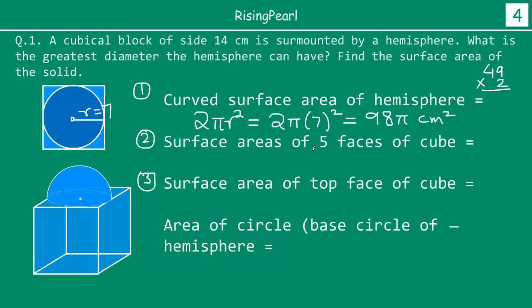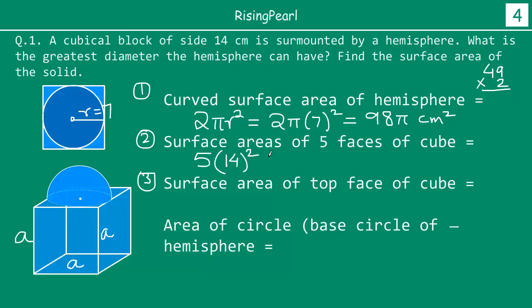What about the surface area of the 5 faces of the cube? We know that for a cube, this side is A, this side is A, and the height is A. So each face is A square, A times A, right? So for 5 faces, it will be equal to 5 times A square, where A is 14.